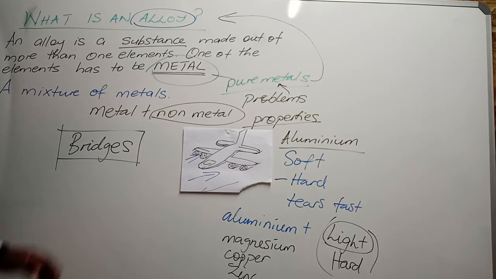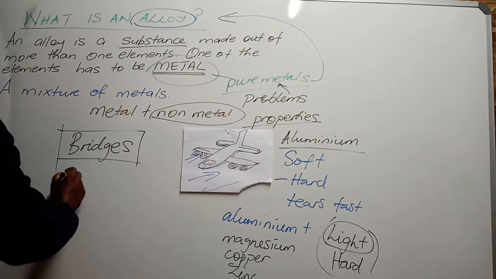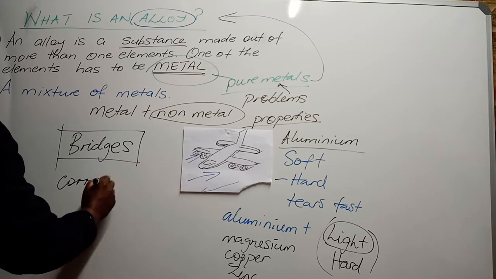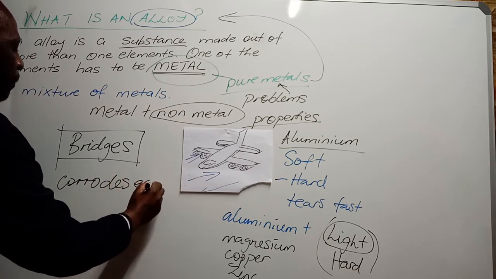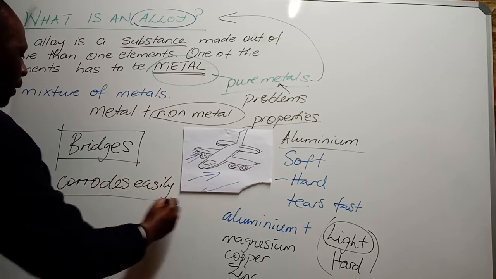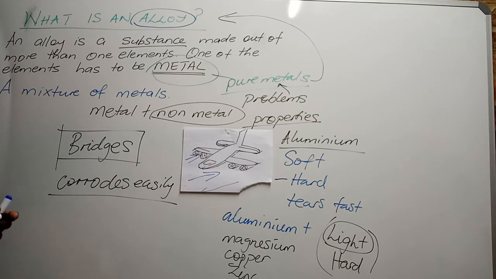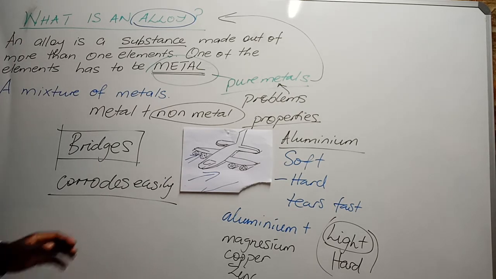The first weakness is that pure iron corrodes very easily. Because pure iron corrodes easily, it is not suitable for the construction of bridges. So obviously the first bridges corroded easily and collapsed.